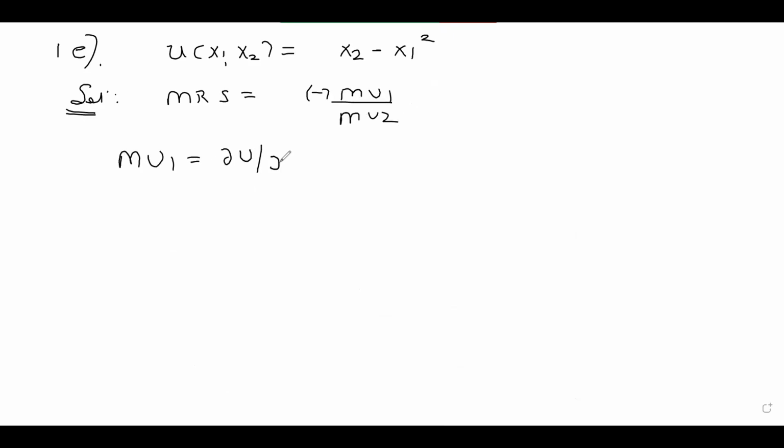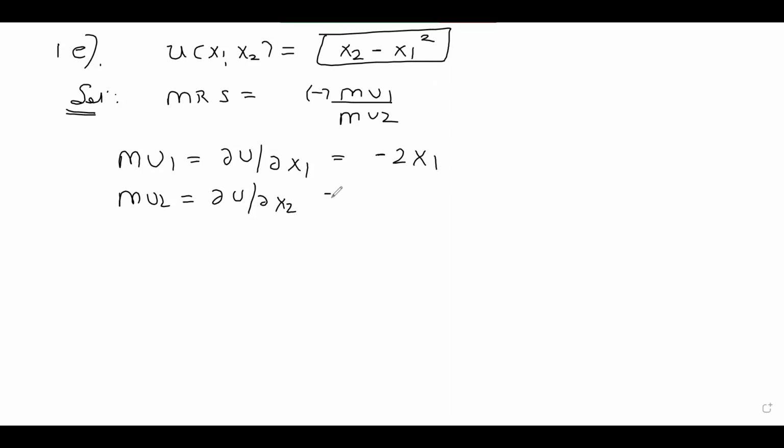Del u by del x1. If I partially differentiate this with respect to x1, I get minus 2x1. mu2 will be del u by del x2. If I partially differentiate the utility function with respect to x2, I get 1. My MRS is minus, mu1 is minus 2x1, mu2 is 1, my answer is 2x1.